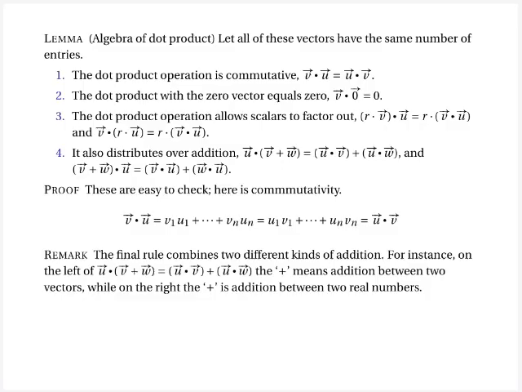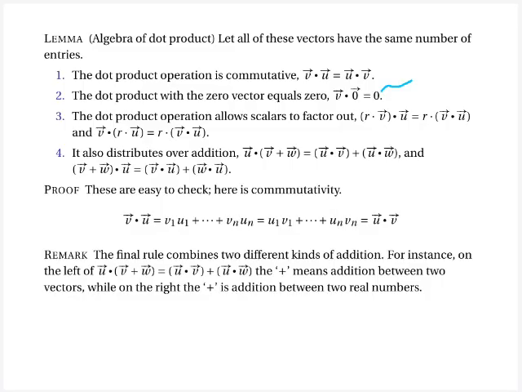Dot product with the zero vector is equal to the zero vector. Pardon me, I misspoke. Dot product with the zero vector is equal to the zero scalar. Sorry, I misspoke. Apologize about that. That's a zero scalar. The dot product operation allows scalars to factor out. If you take 5 times v and dot it with u, that's 5 times v dotted with u. Likewise, if you took v dotted with 5u, that would be 5 times v dotted with u.